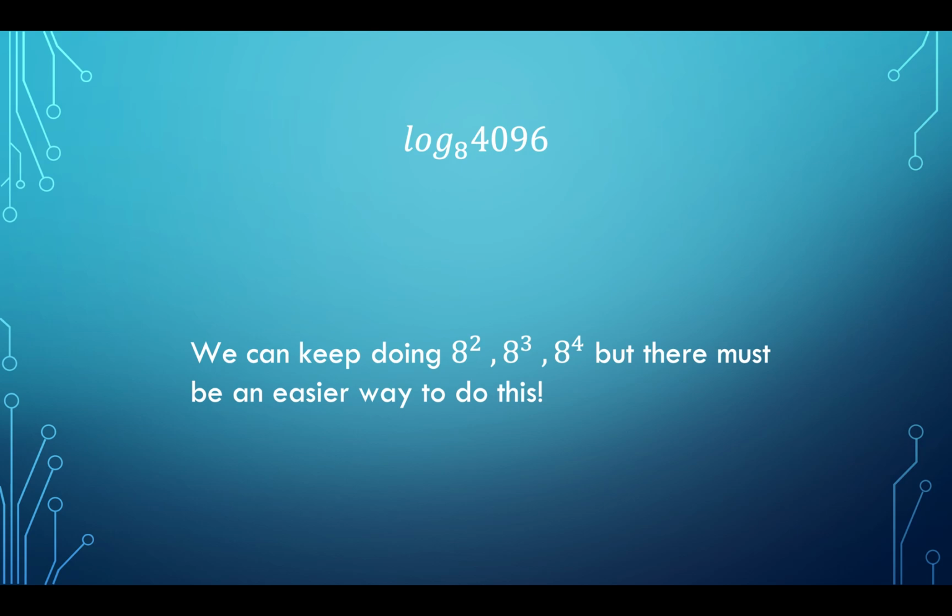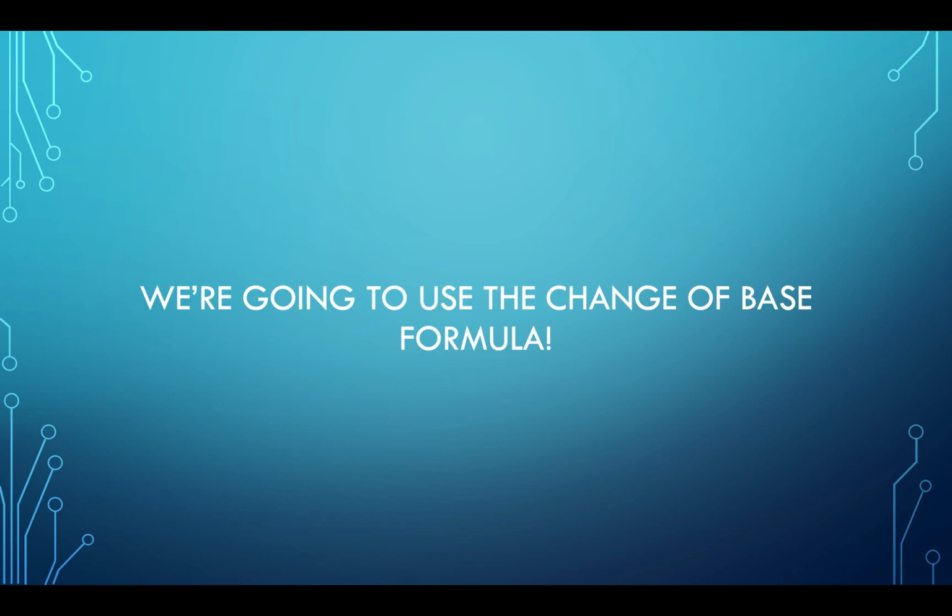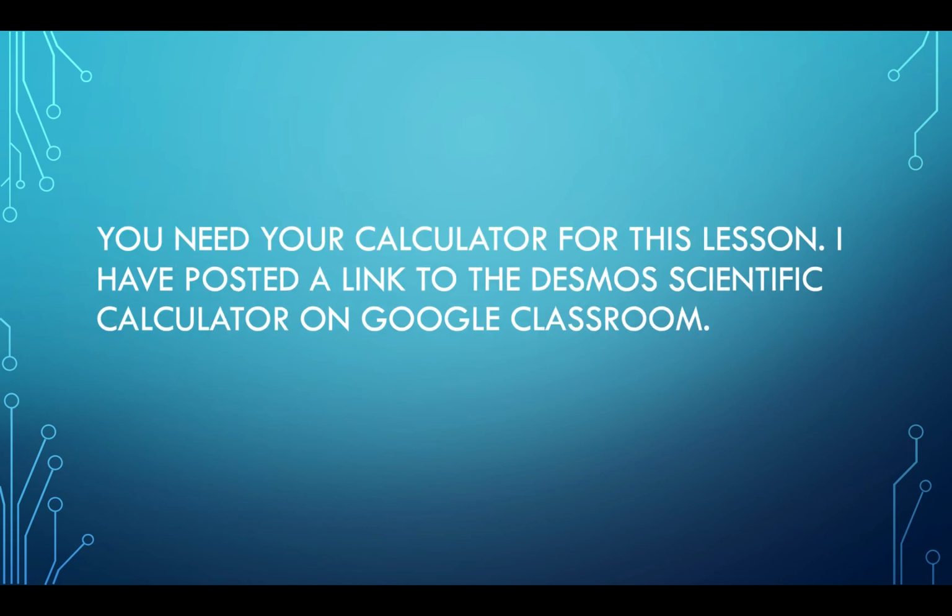We could keep doing 8 squared, 8 to the 3rd, 8 to the 4th, playing around to see which power of 8 gives 4096, but that's going to be time consuming. There's going to have to be an easier way to do this. So you're asking yourself, 8 to what power is going to give us 4096? We're going to use the change of base formula to find this answer.